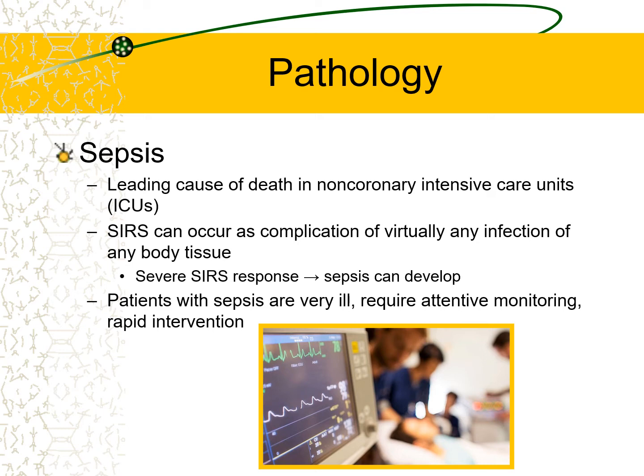We're going to talk about the pathology of septic shock, beginning with the term sepsis. And I should say not just the term, but the condition sepsis is a leading cause of death in non-coronary intensive care units. Okay. SIRS can occur as a complication of virtually any infection of any body tissue.